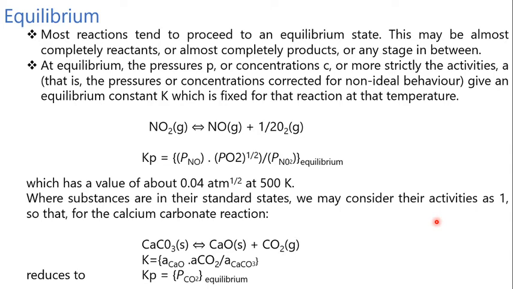At equilibrium, the pressure P and concentration C, more strictly activities, that is, the pressure or concentration corrected for non-ideal behavior, give an equilibrium constant K, which is fixed for that reaction at that temperature. For example, if you consider nitrite in equilibrium with NO, that is nitric oxide, and oxygen.